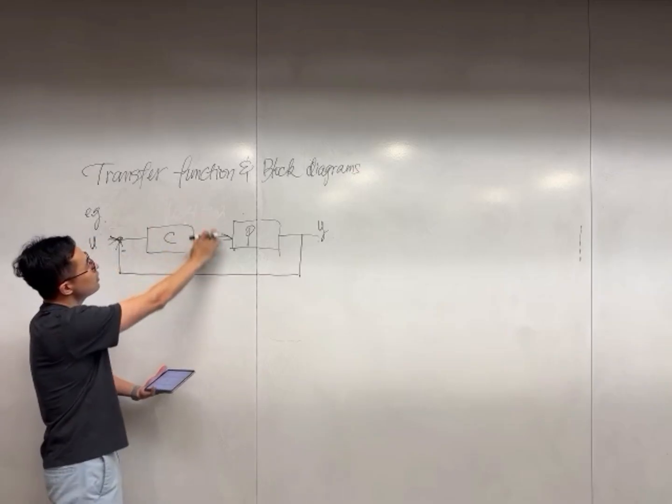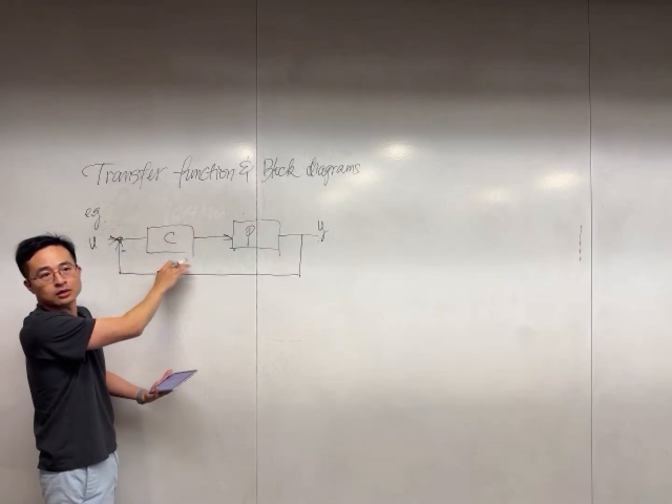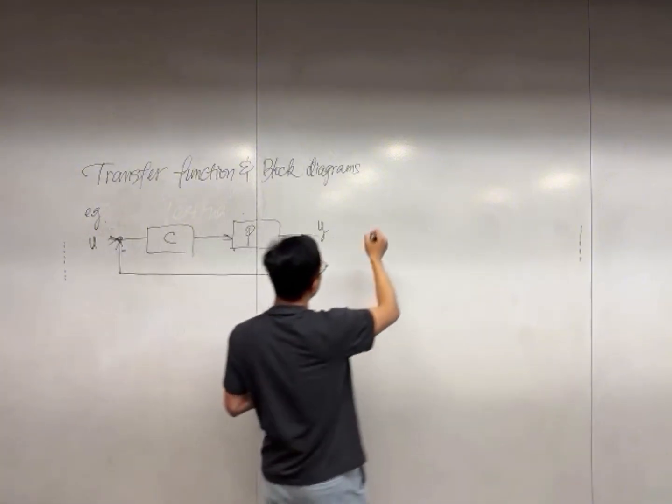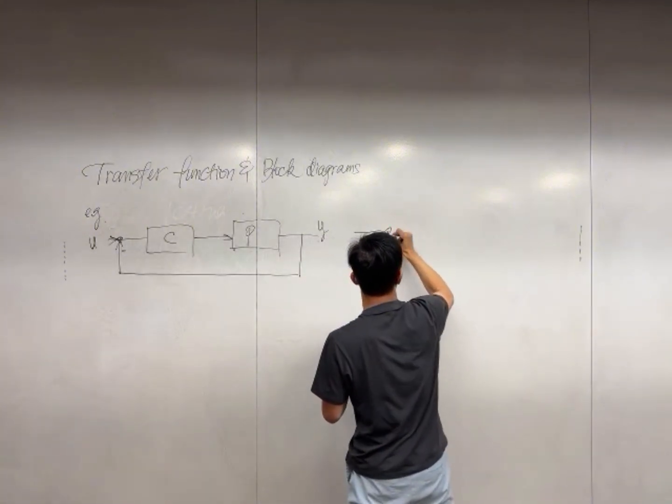In practice, there are always different elements in the controller that will go into it. So an example is as follows. In practice, you can have something like this.